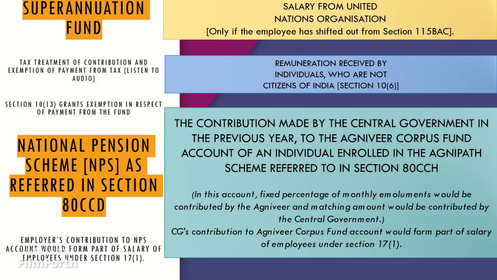However, deduction under Section 80CCD(1) and 80CCD(1B) in respect of employee's contribution would be available to an assessee only if he exercises the option of shifting out of the default tax regime provided under Section 115BAC(1A).